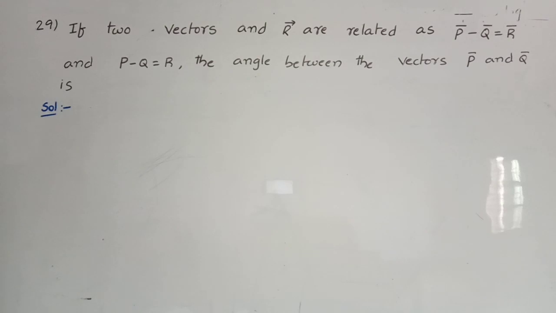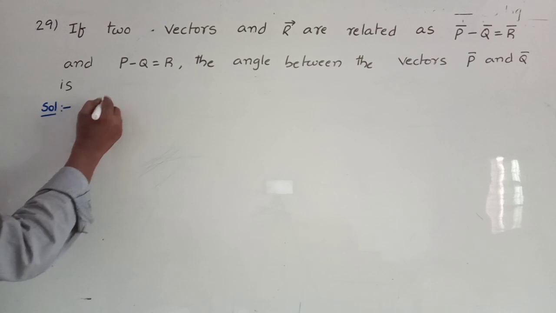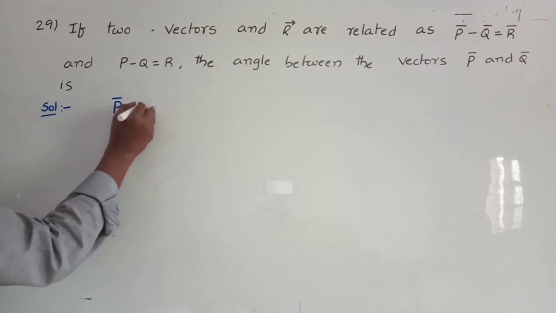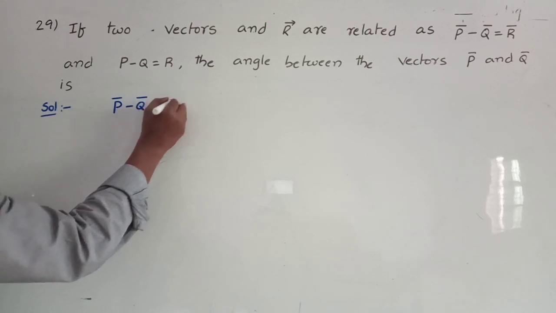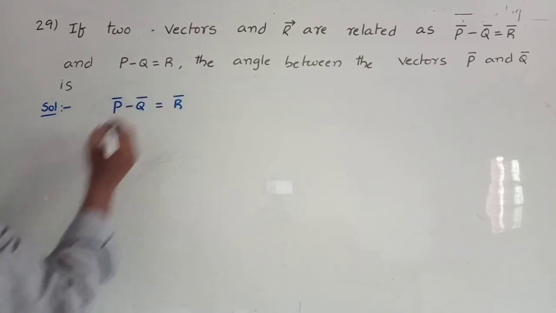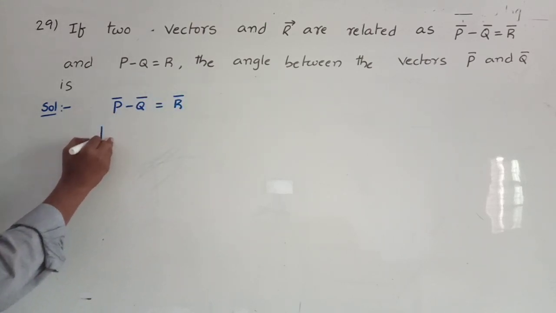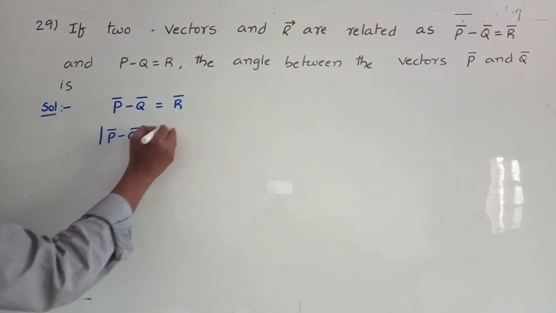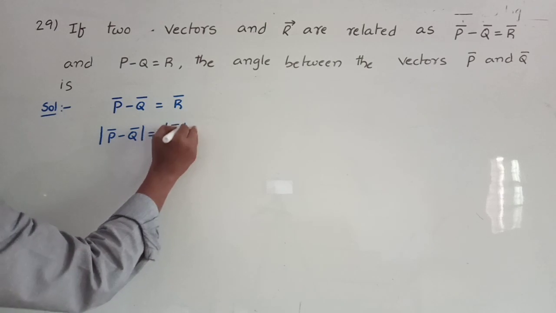Problem number 29. If two vectors p bar, q bar and r bar are related as p bar minus q bar is equal to r bar and p minus q is equal to r, then find the angle between p bar and q bar. Here the given p bar minus q bar is equal to r bar. Find its magnitude. Magnitude of p bar minus q bar is equal to magnitude of r bar.